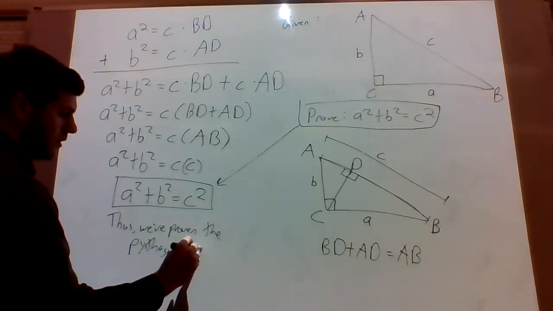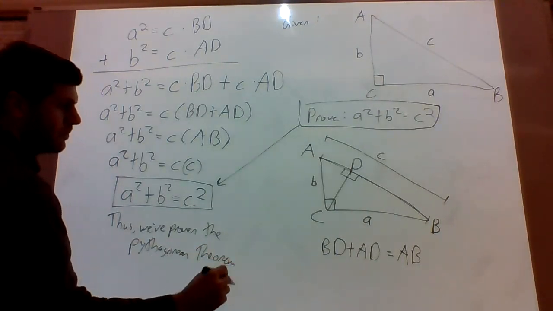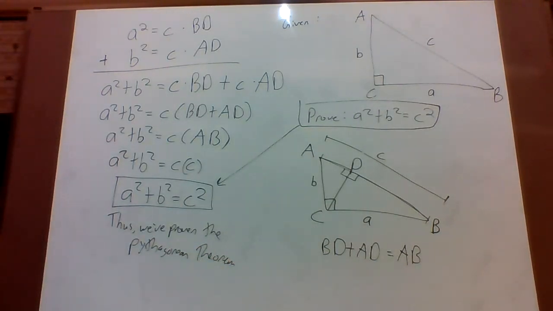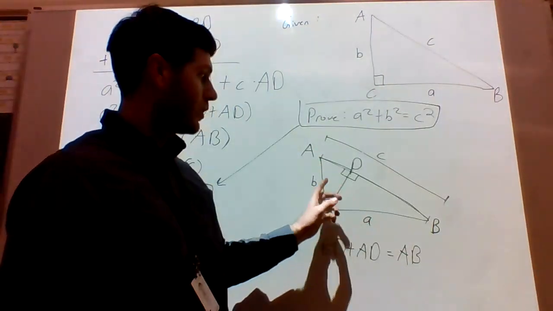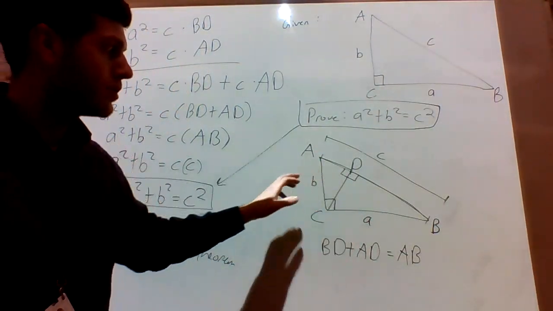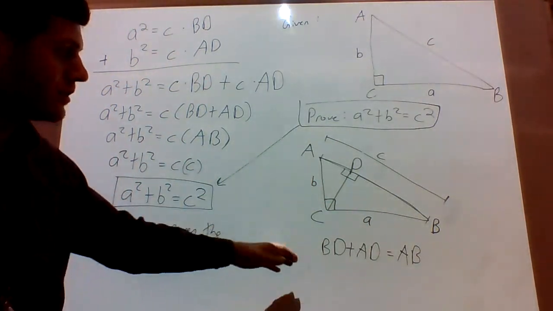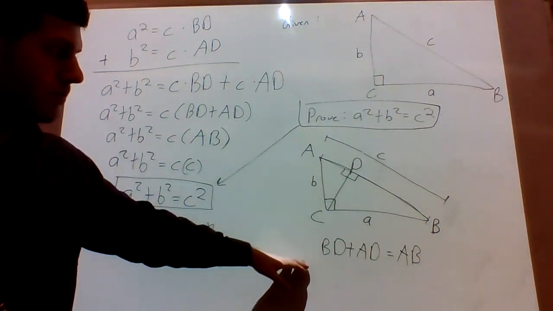So we started with this. We created a perpendicular line, CD, which gave us 3 triangles. We found that those 3 triangles were similar triangles, which allowed us to set up proportions.